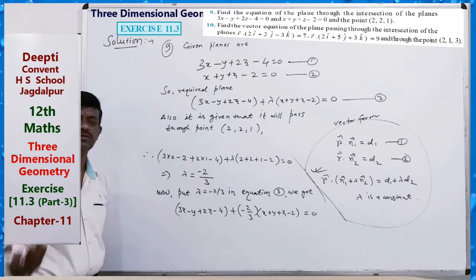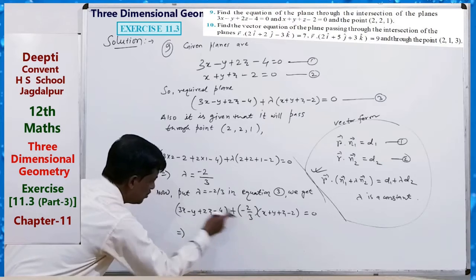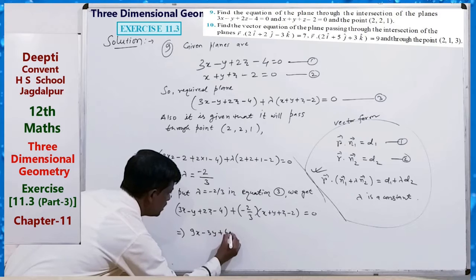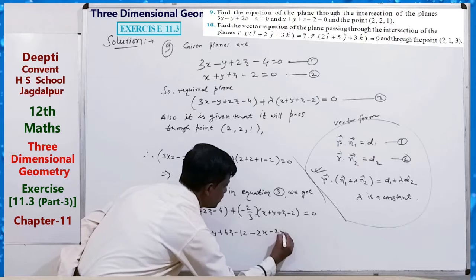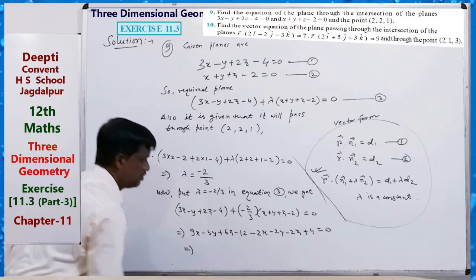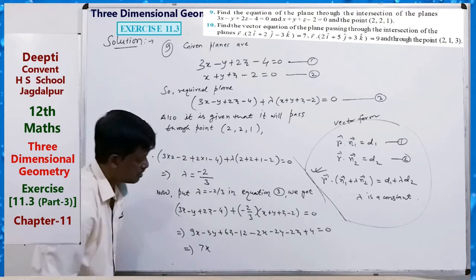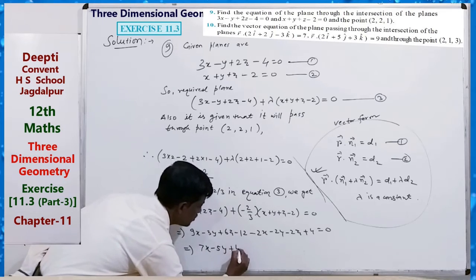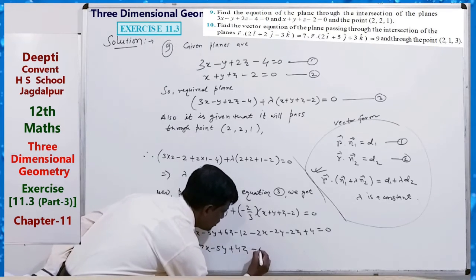Now solve it and you can get the Cartesian plane. Multiplying by 3: 9x minus 3y plus 6z minus 12, minus 2x minus 2y minus 2z plus 4 equals 0. So 9x minus 2x is 7x, minus 3y minus 2y is minus 5y, 6z minus 2z is 4z, and minus 12 plus 4 is minus 8, equals 0.